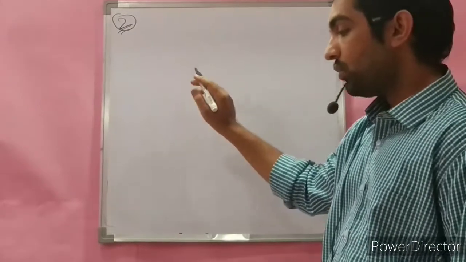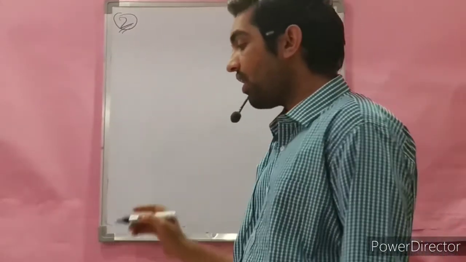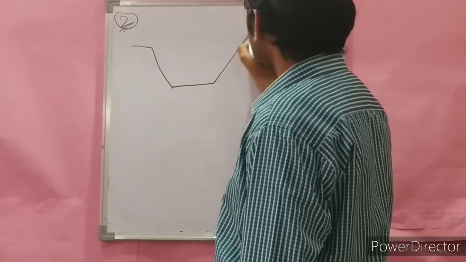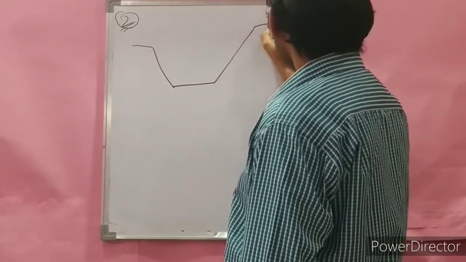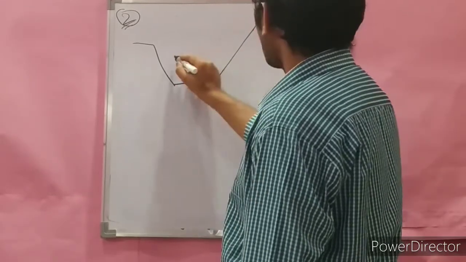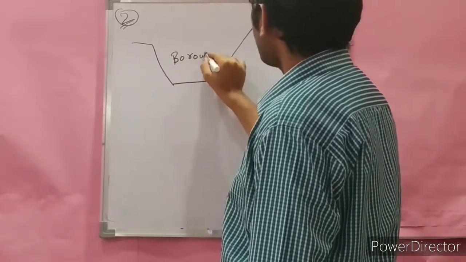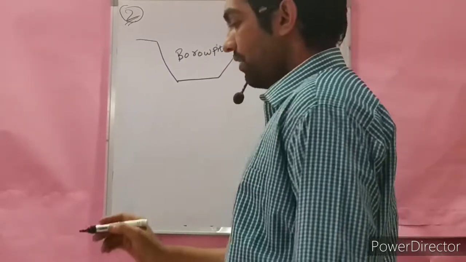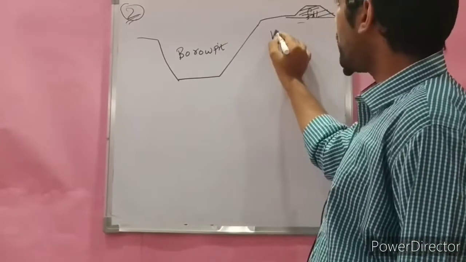Next problem, question number 2. A fill having a volume of, so here they have given two different things. This is the borrow pit and this is the fill, the earth fill or raised embankment. What is the volume of the fill?